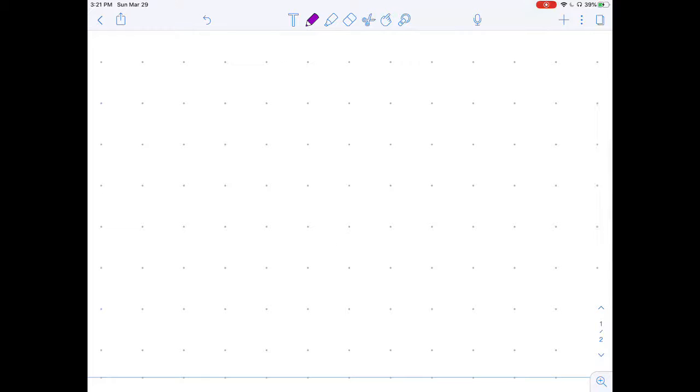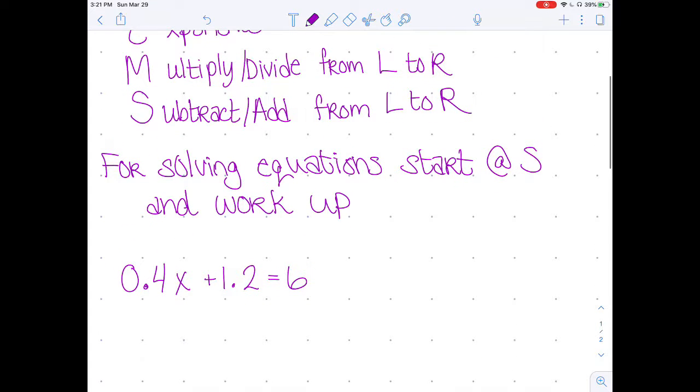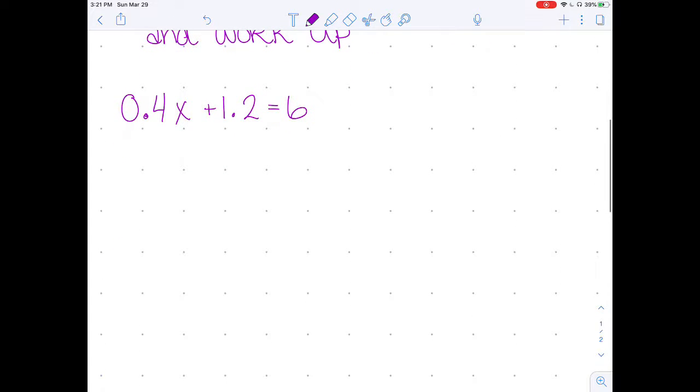So in our first example, we've got 0.4 times x plus 1.2 equals 6. We're going to start at S and work up. So S means subtract or add from left to right. Well, right here, I've got add.